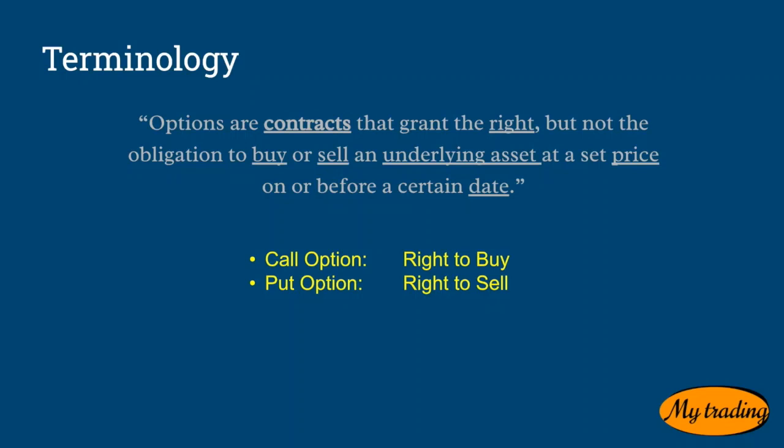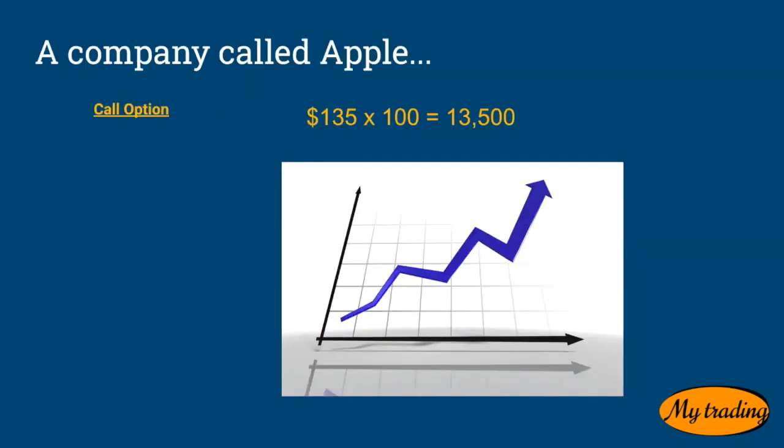Call options grant you the right to buy at a locked-in price for a certain amount of time. And put options give you the right to sell at a locked-in price on or before a certain time. In our example when we were introducing what an option was, we used a call option on Apple.